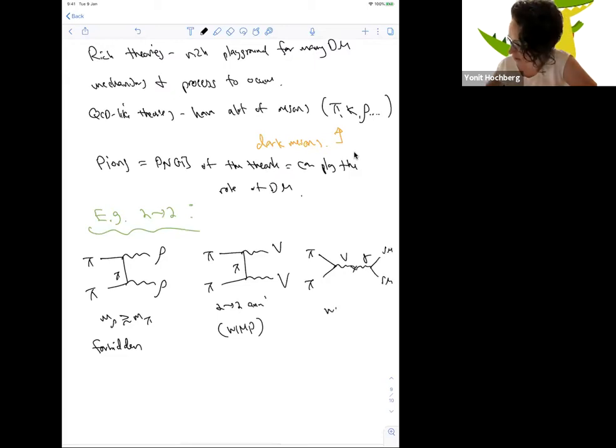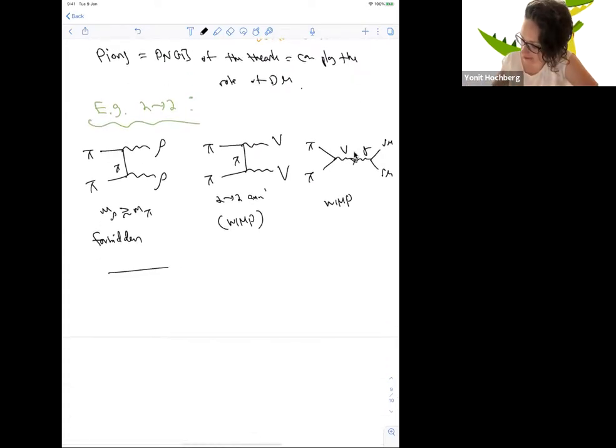So this again would be just a WIMP process. We could also have scattering of these pions off of standard model particles through exchange of this dark photon. Okay, so this is an elastic scattering.